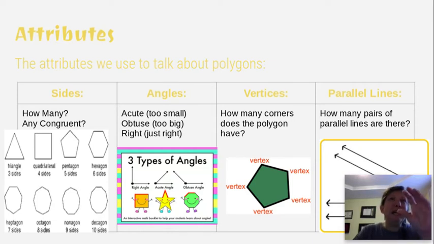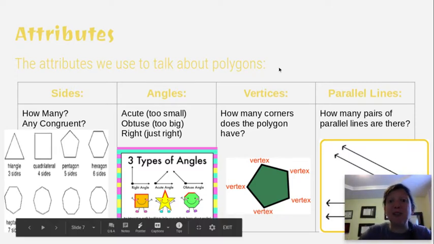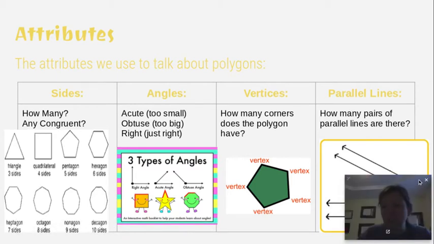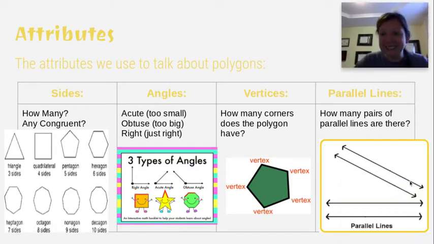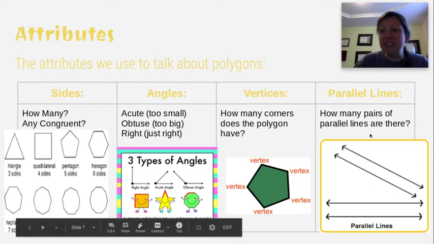Then we have a right angle, which makes that square. We can also call it a square angle because it makes a square. And then an obtuse angle is an angle that is bigger than a right angle. And when we're looking at parallel lines, we're looking at lines that run side by side. They don't touch. They don't get further apart.